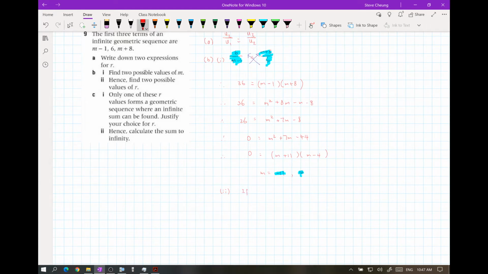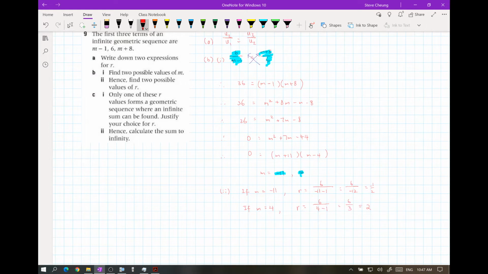So if m equals minus 11, then R equals 6 over m minus 1, which is minus 1/2. If m equals 4, then R equals 6 over m minus 1, which is 2.